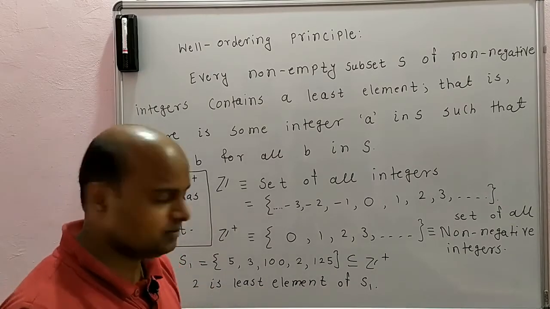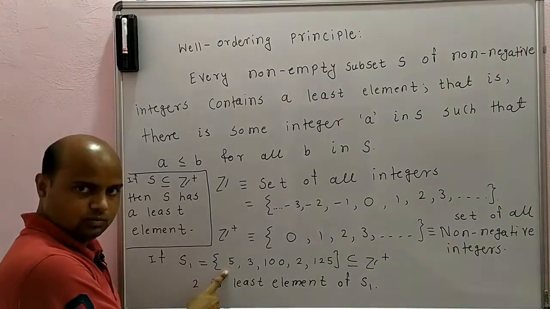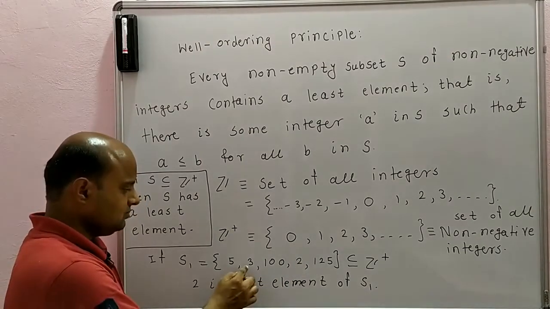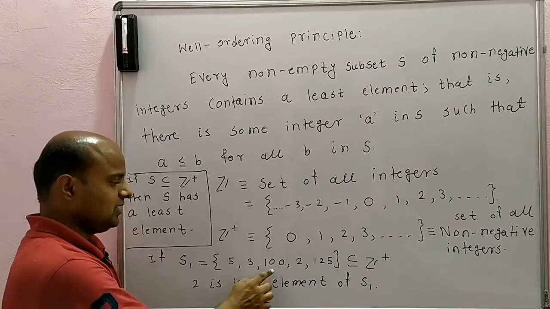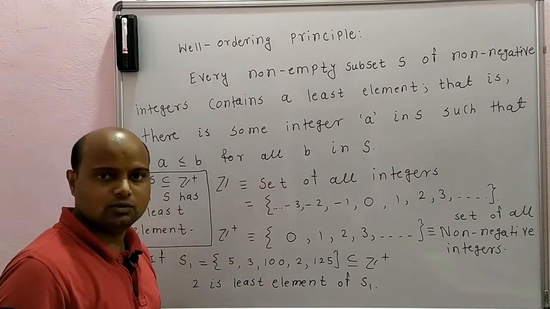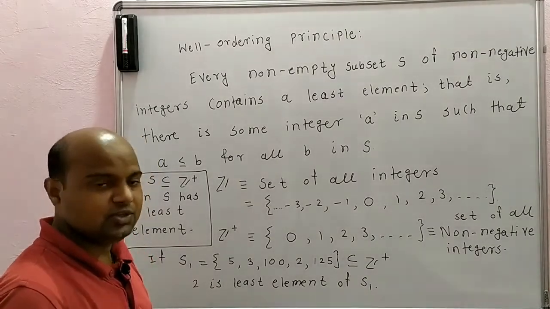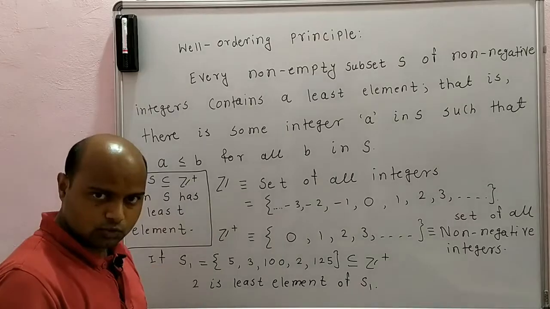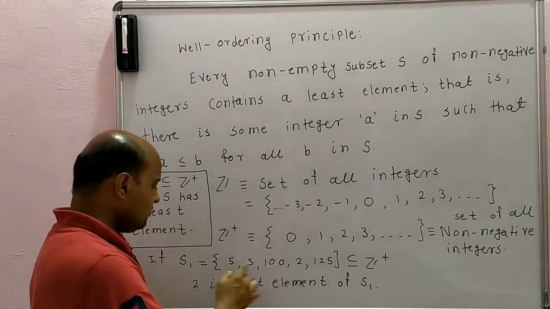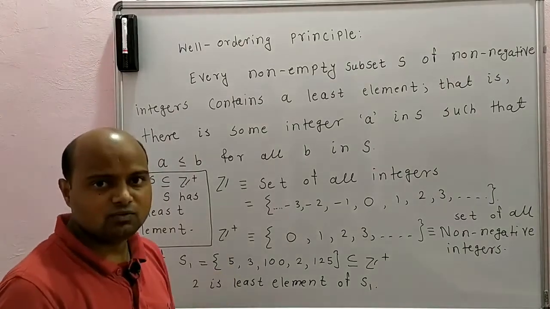We can see here 2 is less than 5, 2 is less than 3, 2 is less than 100, 2 is less than or equal to 2, 2 is less than 125. That is, 2 is less than or equal to every element of S1. Therefore, 2 is the least element of S1.